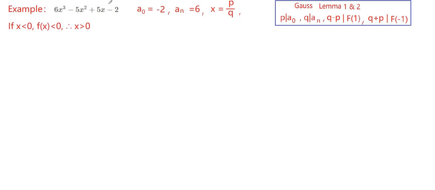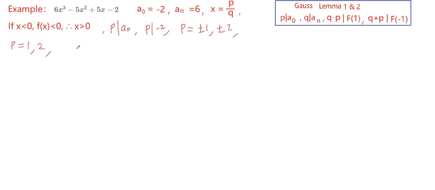Now we know a0 is minus 2, an is 6. Because p divides a0, p divides minus 2, so p can only be 1 or 2. We don't need to think about the negative values.